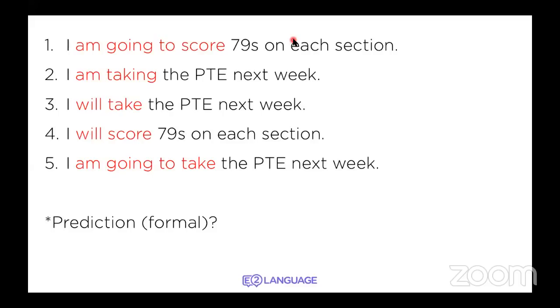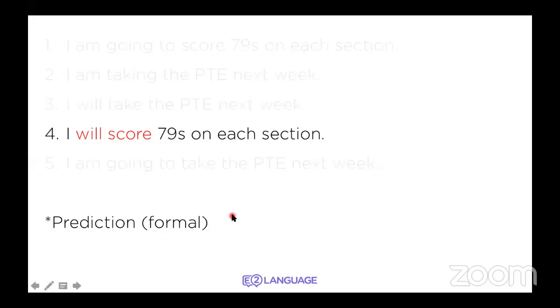There are 2 predictions, but only one is using formal language. Let's have a look. So we want the prediction. So I'm going to score 79s. Good. And this one, I will score 79s, but we want the formal one, so it's number 4. I will score 79s on each section.